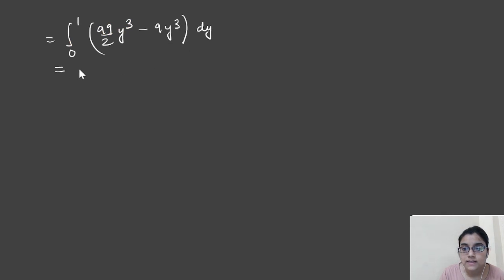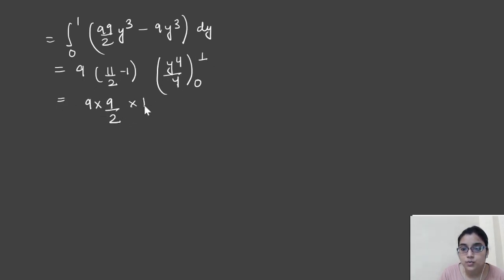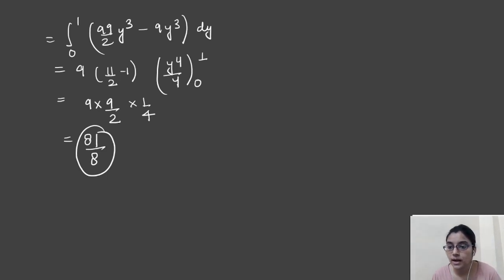Obviously this is 9, then here we got 11 by 2 minus 1, y to the power 4 by 4 once we integrated it, from 0 to 1. So this is going to be 9, then this is 9 by 2, and this is 1 by 4. So the answer we are getting is 81 by 8. Fine, this is the answer that we are getting, which is 81 by 8.